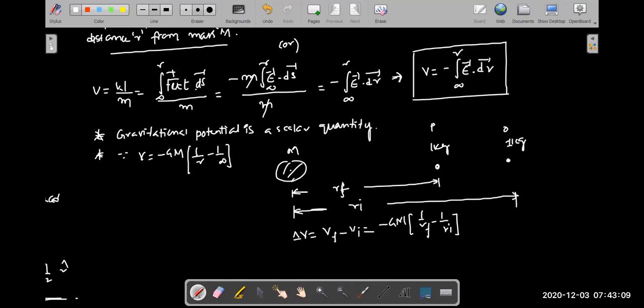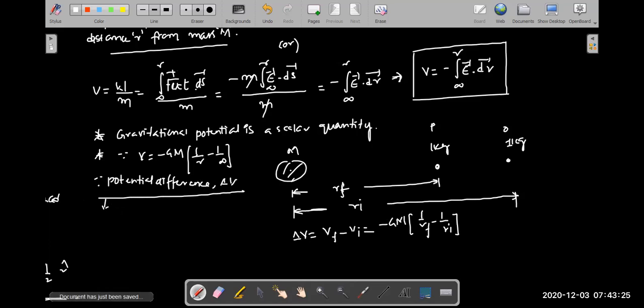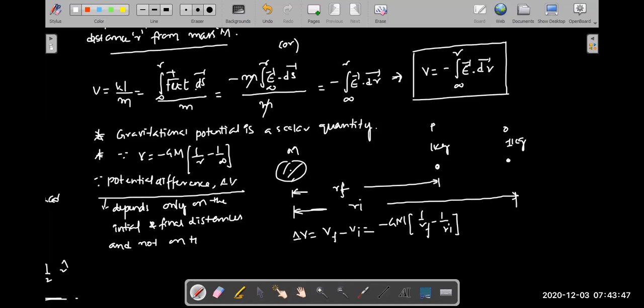Since the potential difference delta V depends only on the initial and final distances, and not on the path.